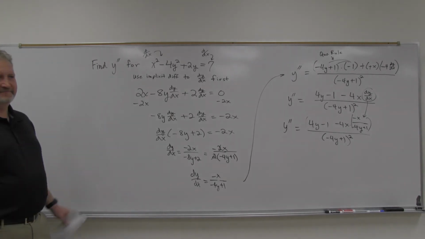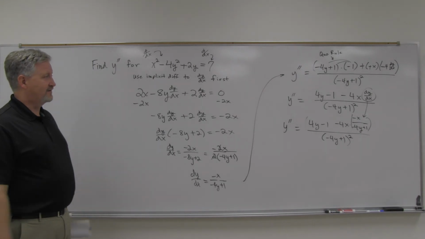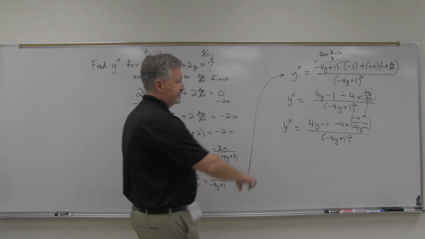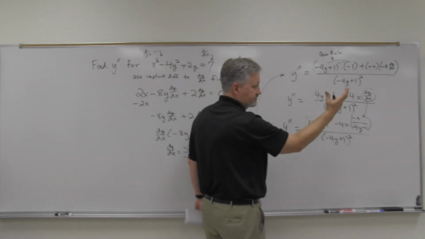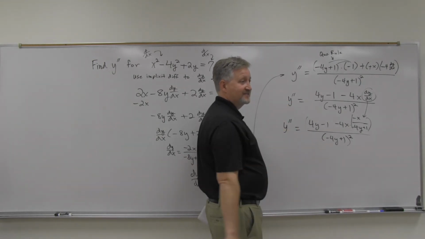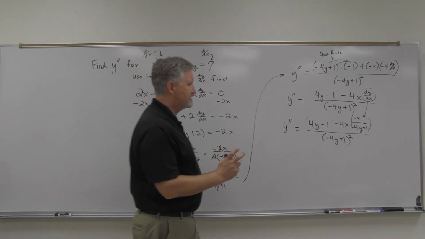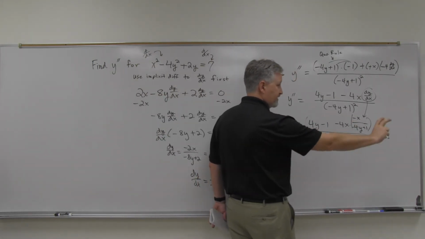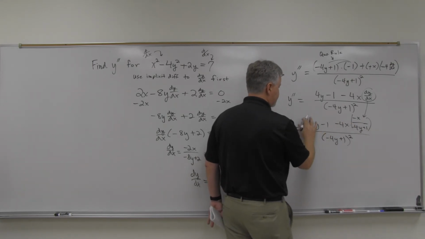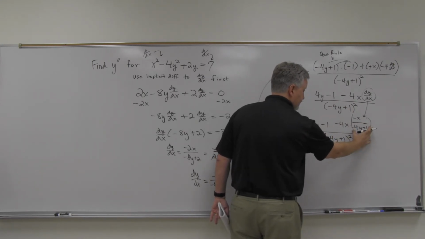Now let me show you one other thing here, if we wanted to make it look better. And this is probably what they would do to get the answer in the back of the book, if you were checking there. Usually on the test it's okay to stop before that, but let me just show you, just FYI. What we can do here is take and multiply this thing by this denominator, negative 4y plus 1.